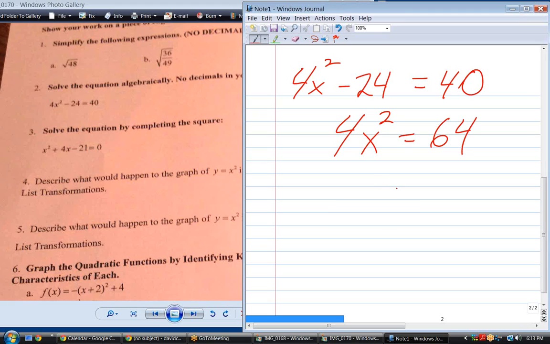Okay, so what's the next line? Would be 4x squared divided by 4 equals 64 divided by 4. Okay, so I don't need to write all of that. In other words, I can do this and now simplify. What does that equal? X squared equals, crap. That's 16.